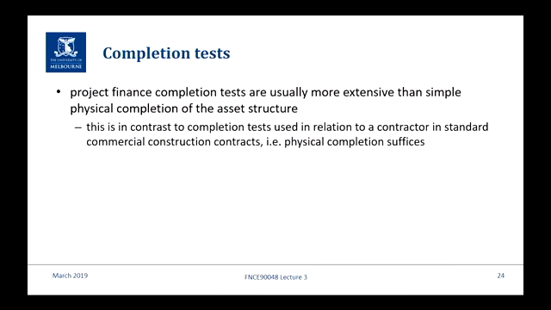What we actually observe in practice is that project finance completion tests are more extensive than just physical completion of the asset structure. This is in contrast to other commercial activities, such as an apartment block. Usually, where there's a financing associated with the apartment block, the recourse condition is just that the apartments are finished.